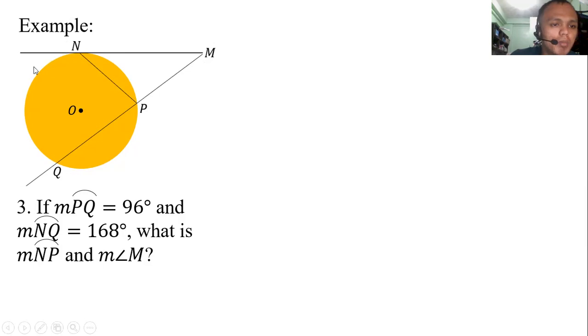We have NQ and NP. QP is not an intercepted arc, it does not belong to the intercepted arcs of angle M. But it is given, so what should we do? We will apply the arc addition postulate to find the measure of arc NP.